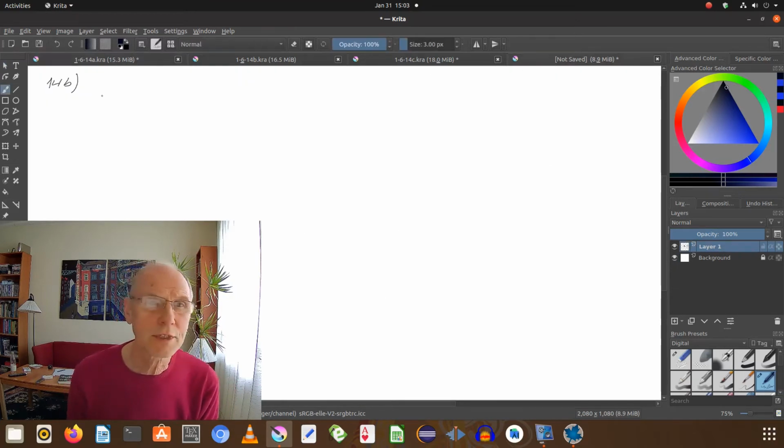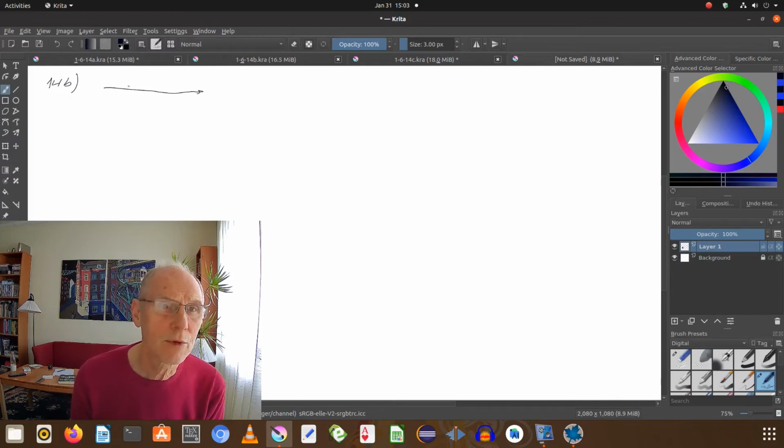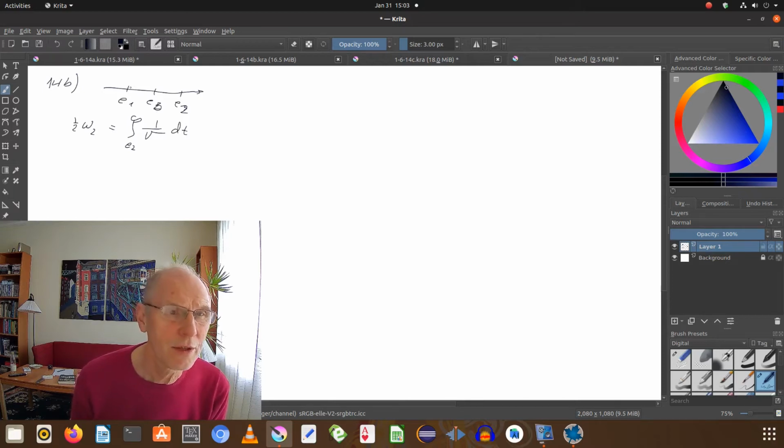So we'll just do it again. We have e1, e2, e3, and half omega 2 is the integral from e2 to infinity dt, and that's the same as the integral from e1 to e3.